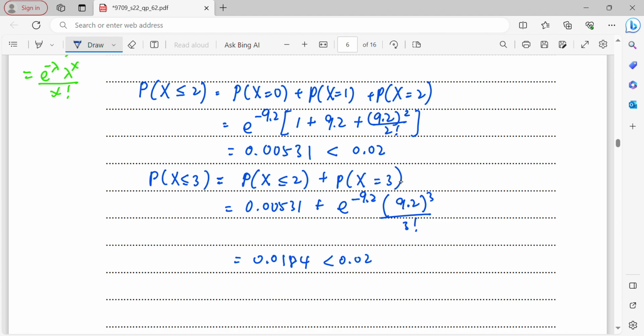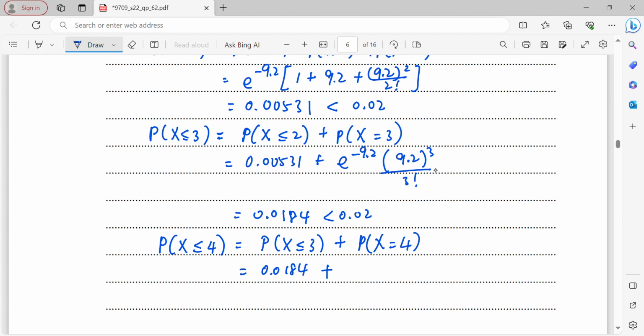Okay, so now I have to check the next value. P(X ≤ 4) is basically P(X ≤ 3) plus P(X = 4). So I copy the value from the previous calculation plus, for P(X = 4), again do one calculation: e to the power of negative 9.2 times 9.2 to the power of 4 over 4 factorial.